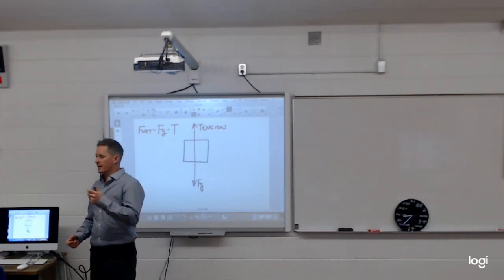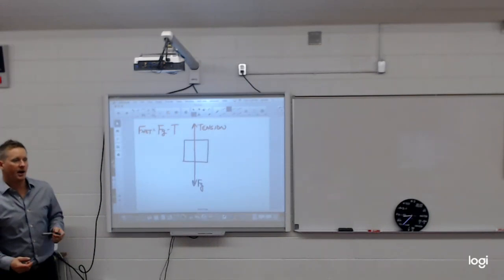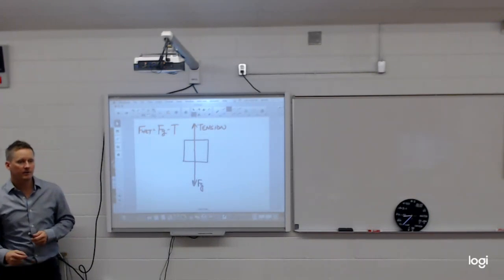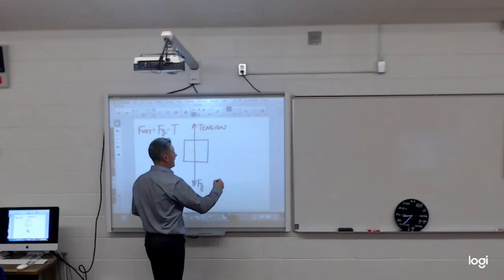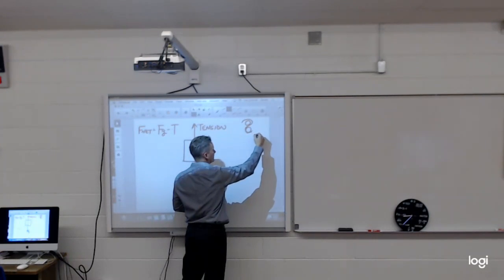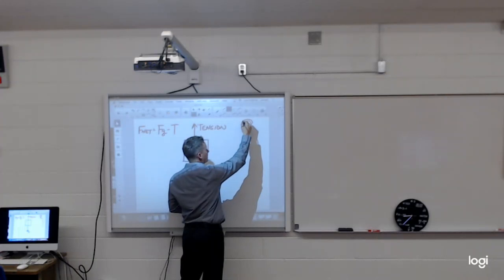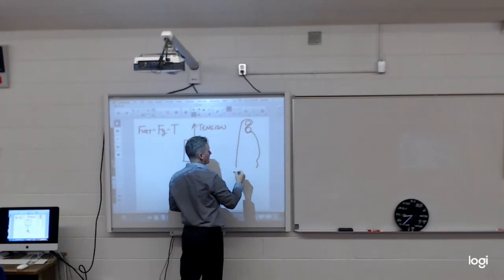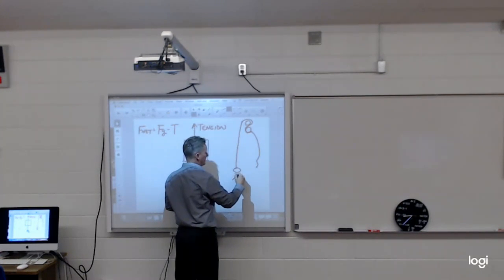Now, let's say I was standing on the ground and I wanted to get them up to the roof, and I added in a couple of pulleys. So the cable goes down this way, and you're pulling on it right here, right?